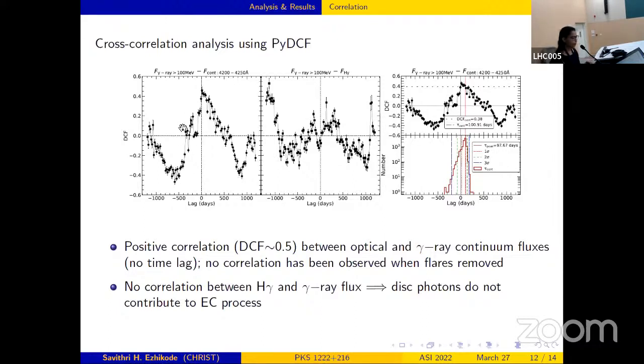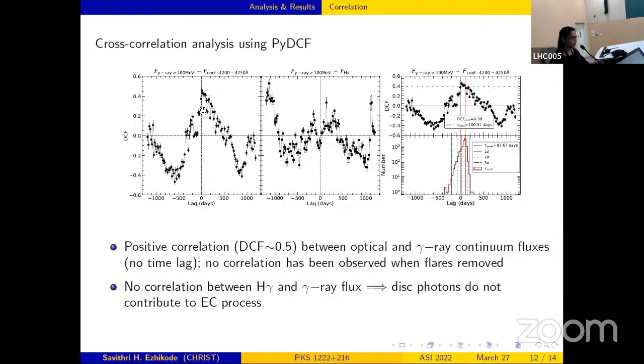And here we observe a positive correlation between gamma ray emission and continuum flux, with a DCF value around 0.5, and this is significant at the 3 sigma level. But we also tried to find if there is any time lag. It shows positive correlation over a broad range.